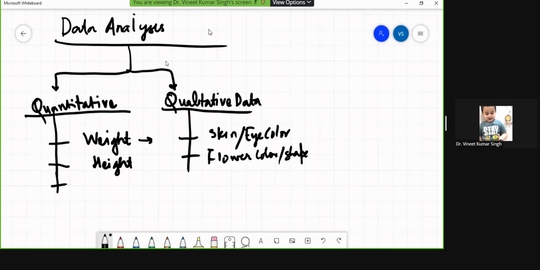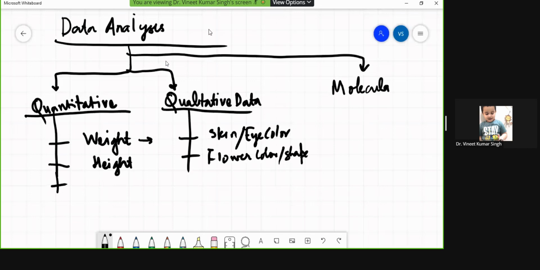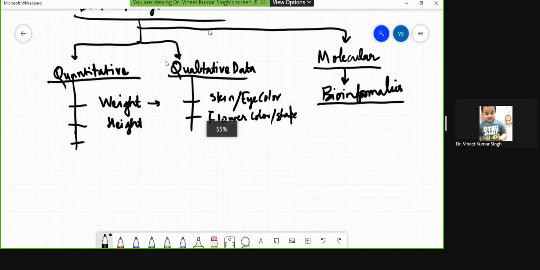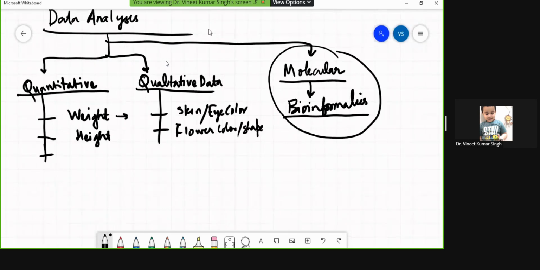Some examples of qualitative. Another type of data that you will be studying in this workshop is molecular data, and this field is generally termed as bioinformatics, which will be dealt with later in the summer training.